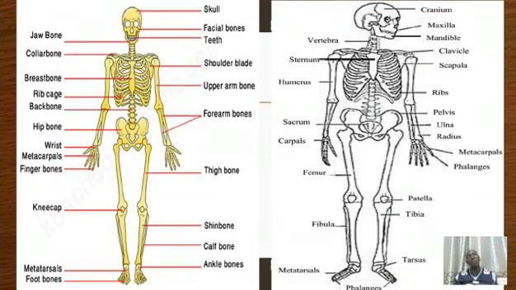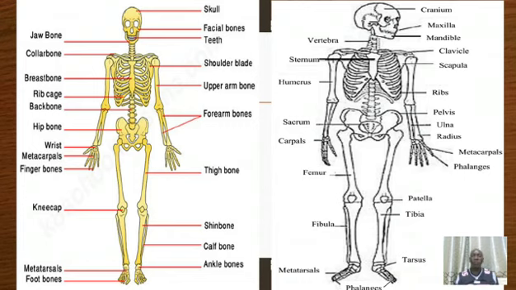That round bone is called the kneecap, also called the patella. Then in the lower part of the leg, we have two bones: the big one called the tibia and another small one called the fibula, just like we see from our image.